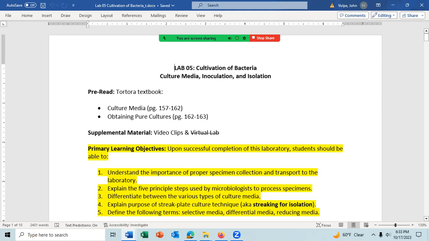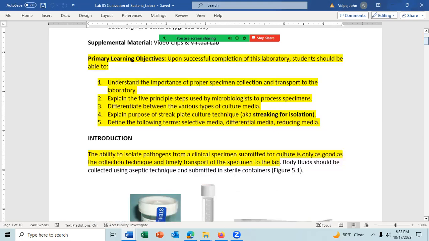The primary learning objectives for this lab: upon completion, you should, 1, be able to understand the importance of proper specimen collection and transport to the laboratory. 2, be able to explain the 5 principal steps used by microbiologists to process specimens. 3, differentiate between various types of culture media. 4, explain the purpose of streak plate culture technique, aka streaking for colony isolation.